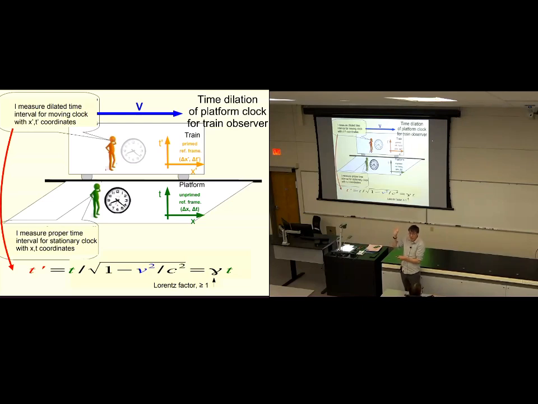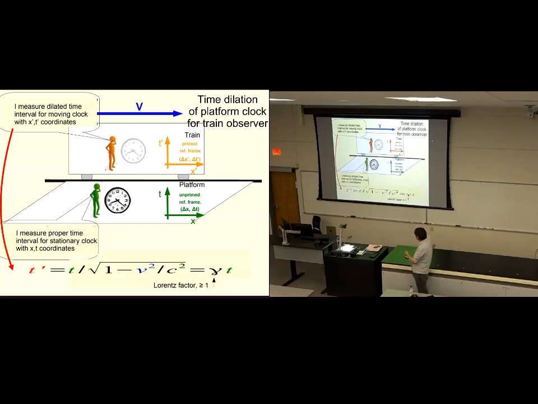So the clock ticks slower for the observer in the train, slower in reference to his reference frame, which means his clocks and meter sticks and so forth. So this observer is seeing this moving clock tick slowly. This observer is seeing the stationary clock in the station tick correctly at the proper rate.